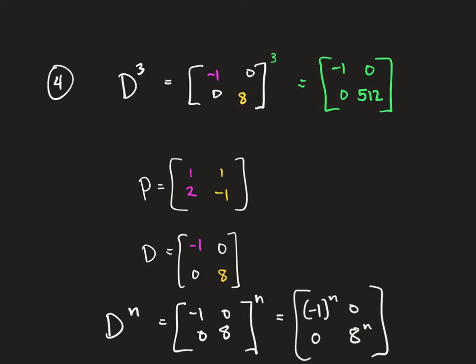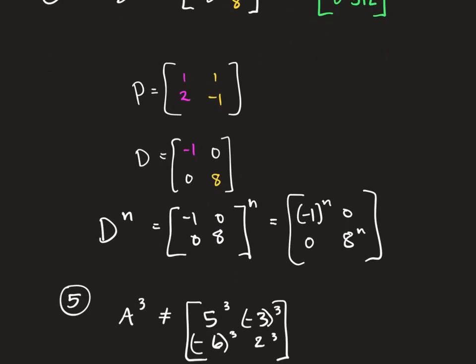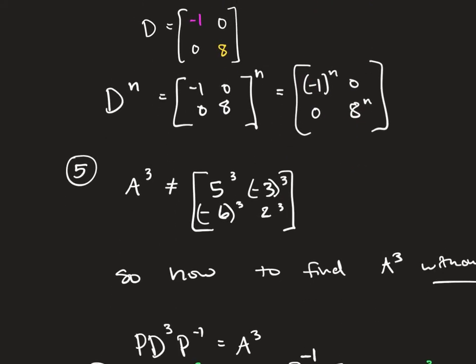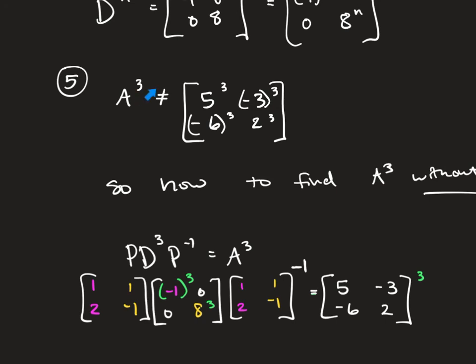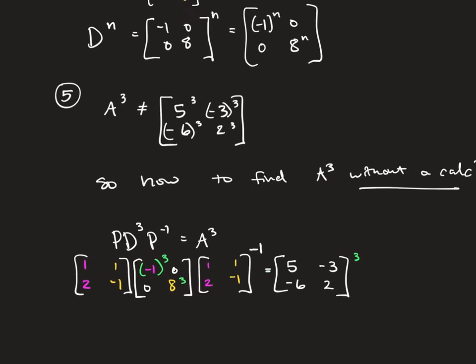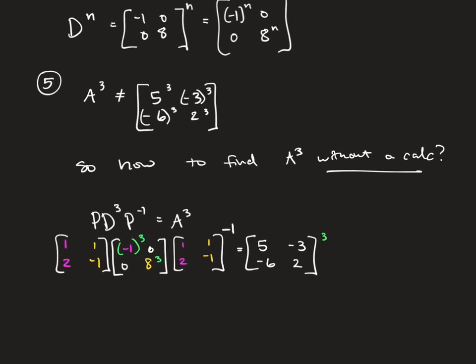Whew, we're getting there, guys. So now we know that anytime we've got D to the n, it's equal to the diagonals raised to the n. And remember, this only works if it's a diagonal matrix. And because A cubed is not equal to this, but I'm too lazy to multiply this 3 times, how do I find it without a calculator? Is this.